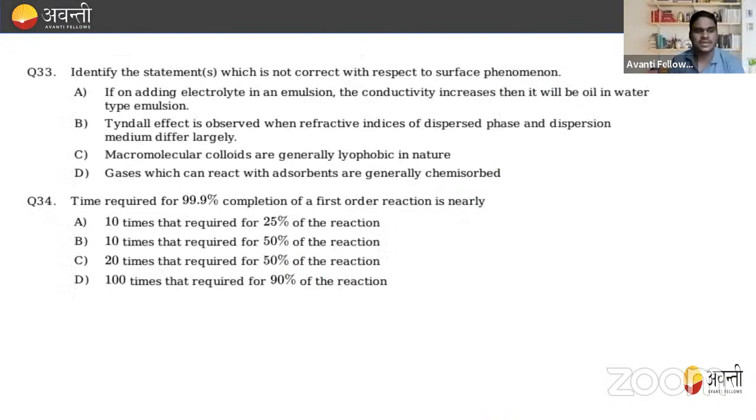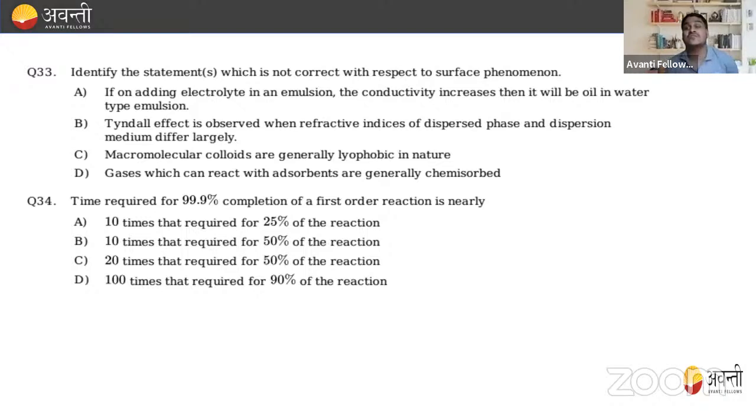That is question number 33. In question number 33, they are asking to identify the statement which is not correct with respect to surface phenomena. This question is from surface chemistry, and they are asking which of these four statements is not correct.